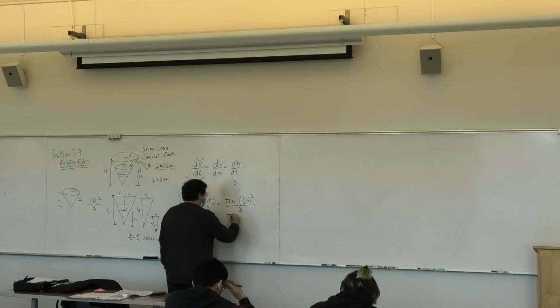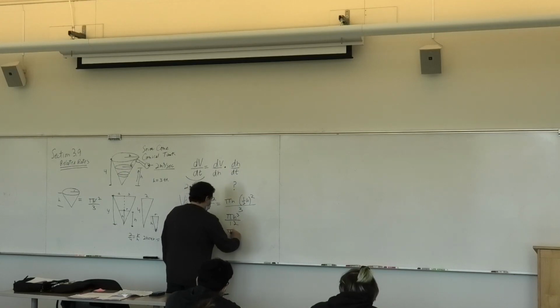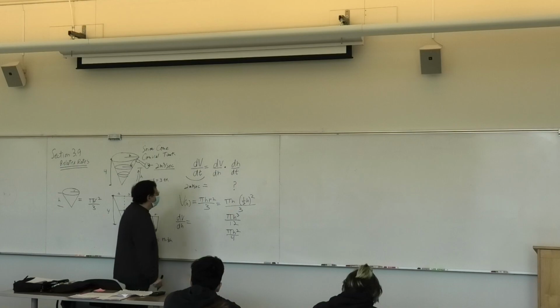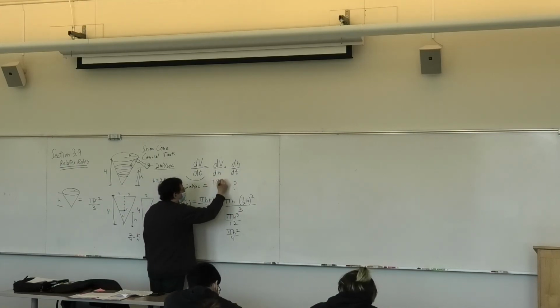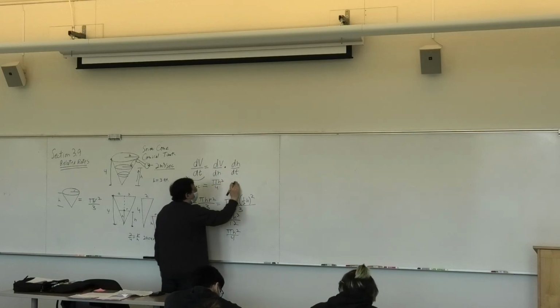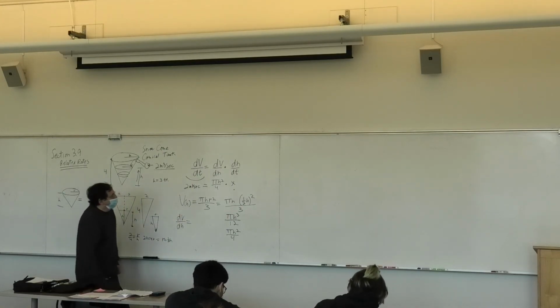That's pi H cubed over 12. And dV dH then becomes pi H squared over 4. Call this x.